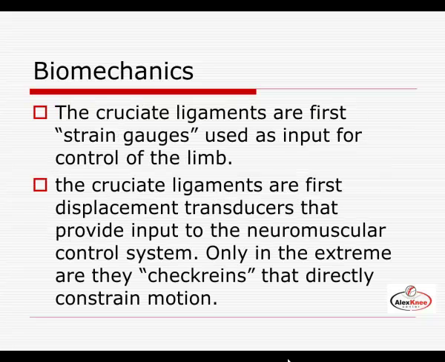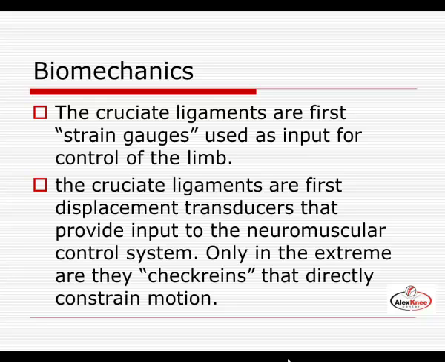Another fact that we should all know: the cruciate ligament first works as a strain gauge that measures the tension applied to the joint, and the tension is felt by the proprioceptive fibers at the insertion sites of the anterior cruciate ligament, which are the sensors to control the limb.